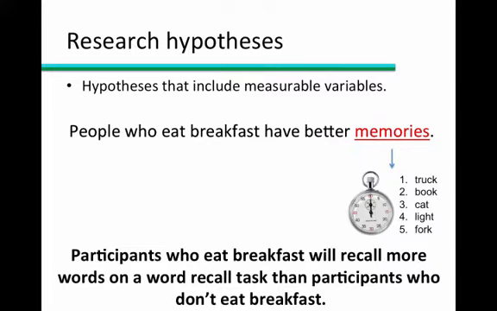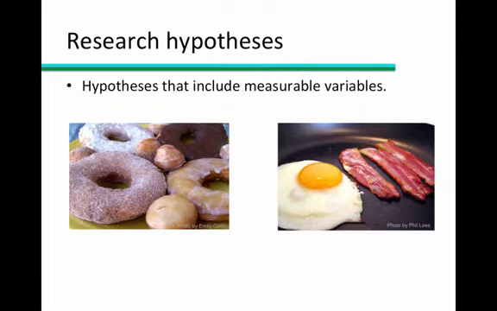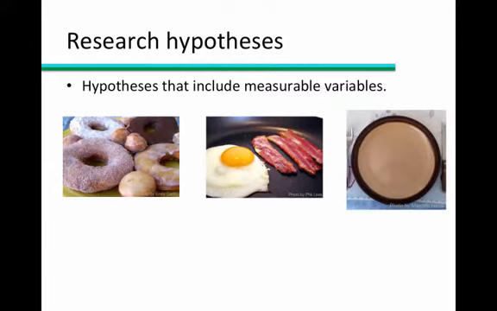Before moving on, let's say we also suspect that the type of breakfast one eats matters. For instance, a breakfast of donuts isn't going to be as effective as a breakfast of bacon and eggs. In this case, we want to compare performance on the word recall task among participants who have bacon and eggs for breakfast, donuts for breakfast, or no breakfast at all.